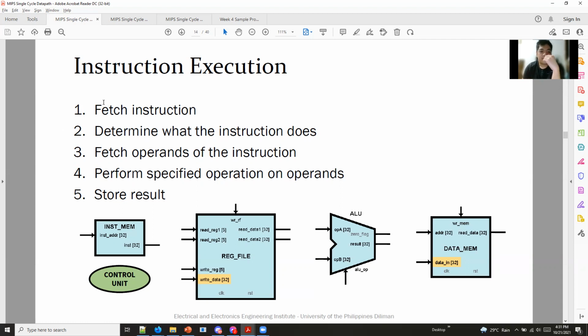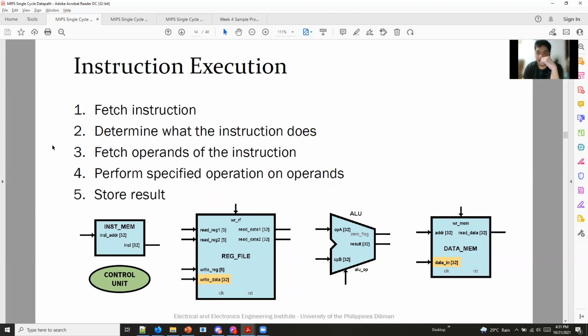Anyway, after makuha ng instruction, kailangan nating i-decode kung ano ang ibig sabihin ng instruction na yon. So that is number 2. The next step is, pag alam mo na kung ano yung kailangan gawin ng instruction, kunin na natin yung mga operands. Kung add yung operation, ano yung mga ina-add natin.